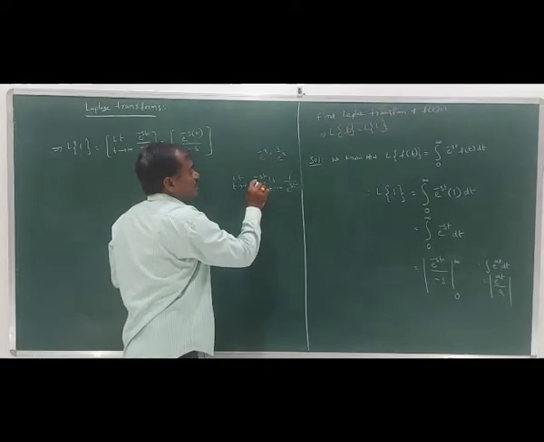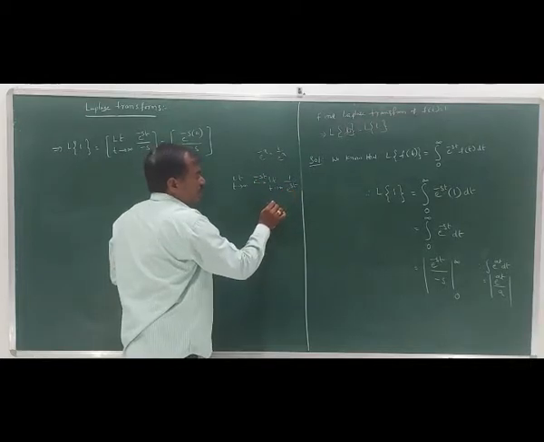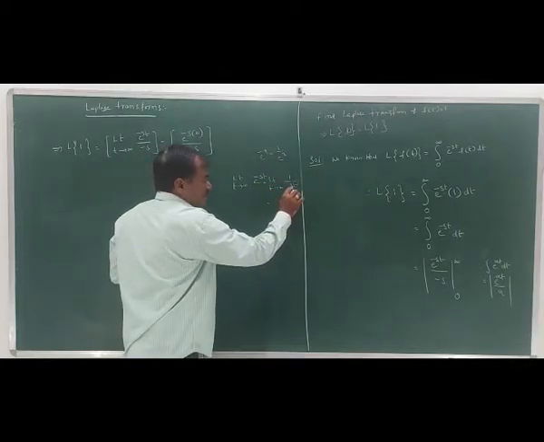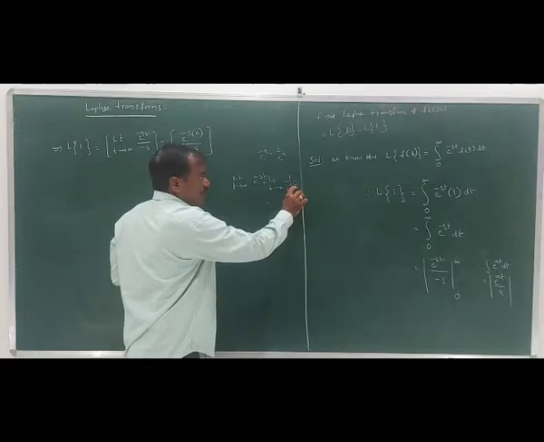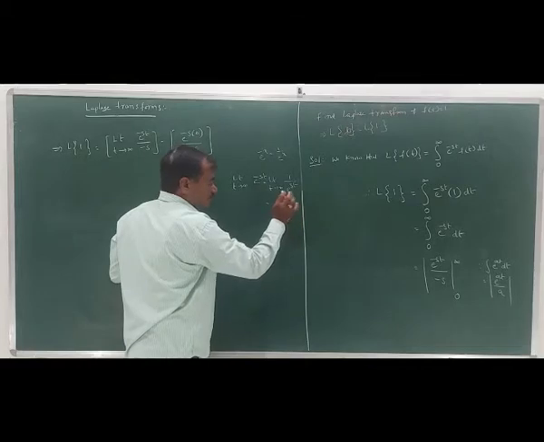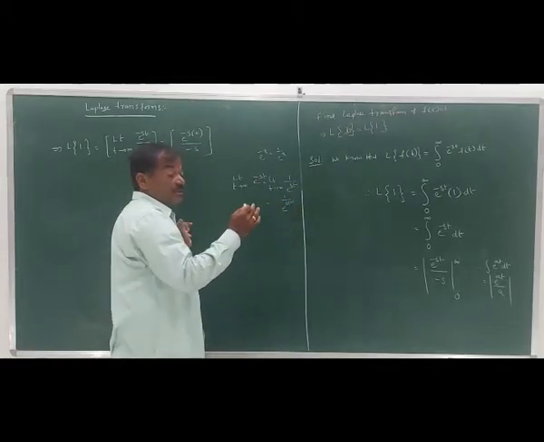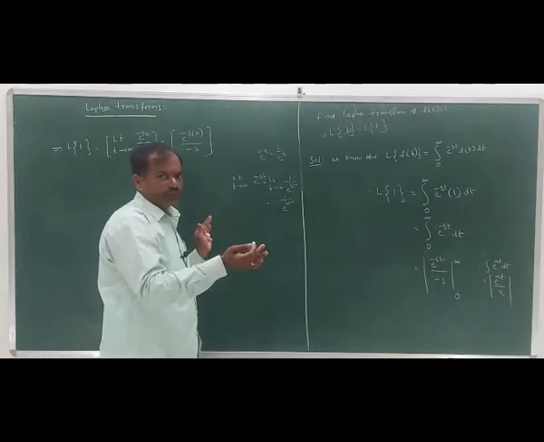Similarly, this e to the power of minus st can be written in this form. If t tends to infinity, it is 1 by e to the power of s times infinity. Infinity means e to the power of infinity, which is a very, very large value.